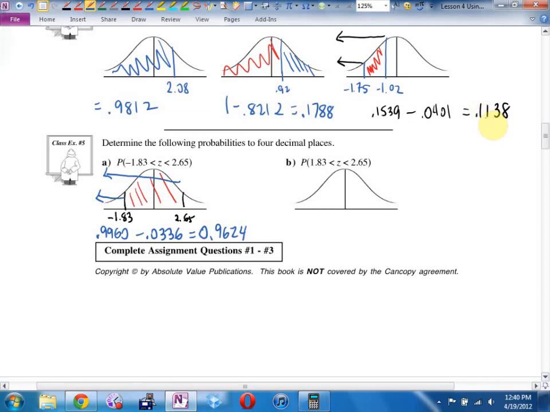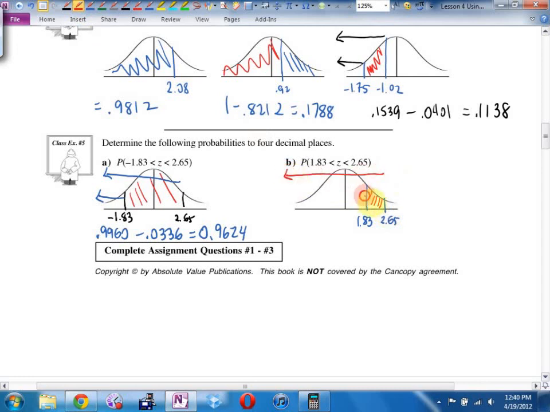Last one. Find the probability that we're between 1.83, about there, and 2.65, which is over here. Find that area. Shania, how am I going to do that?